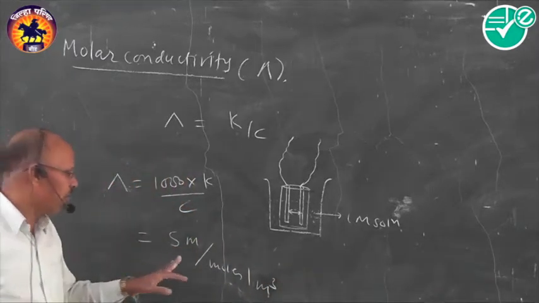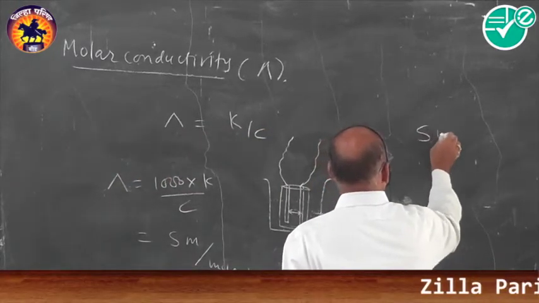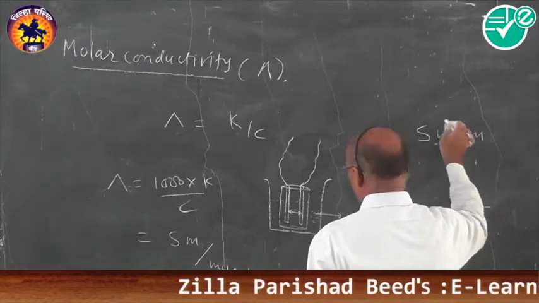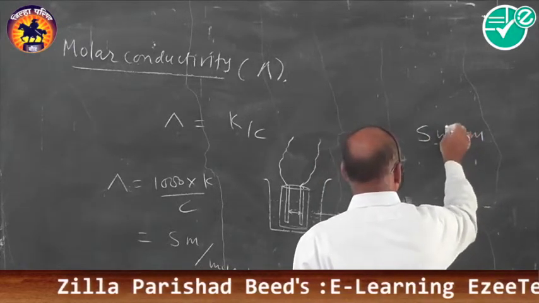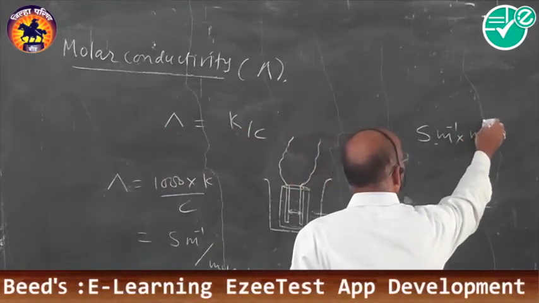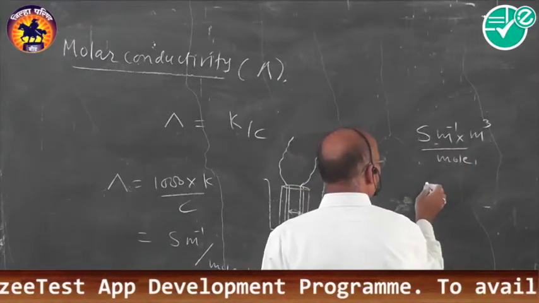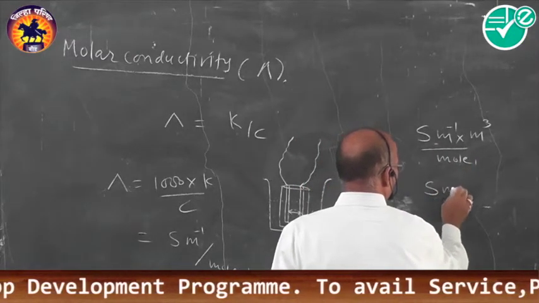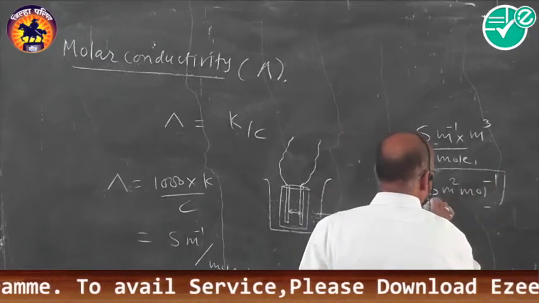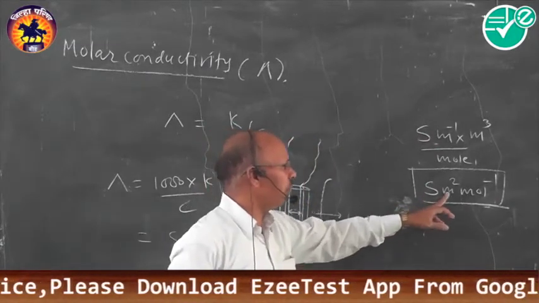Now, in this case, we have the unit Siemens per meter into meter cube per mole. It gives the unit Siemens meter square per mole. So the unit for molar conductivity is Siemens meter square per mole.